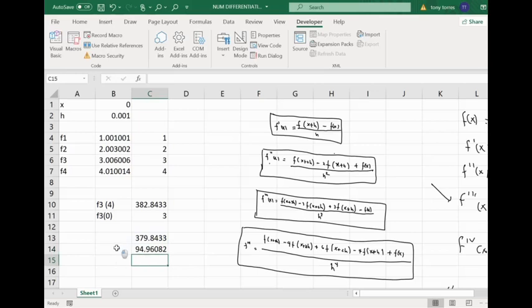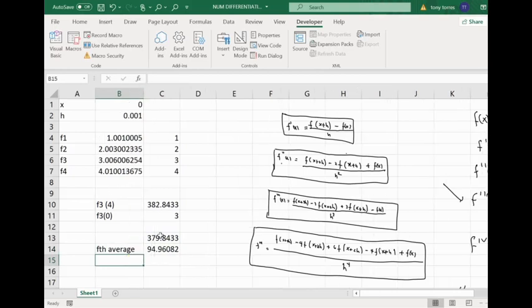And that's finally the average of the fourth derivative. The average value finally is 94.96, and that number is the one that we're going to plug in our formula to get our n value.